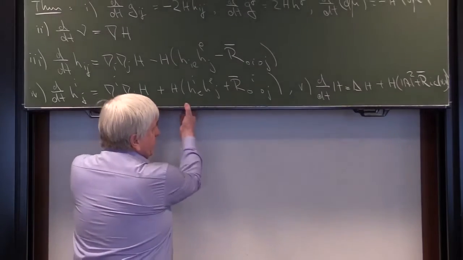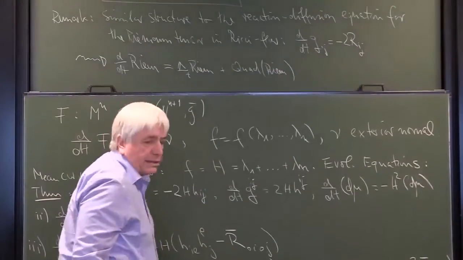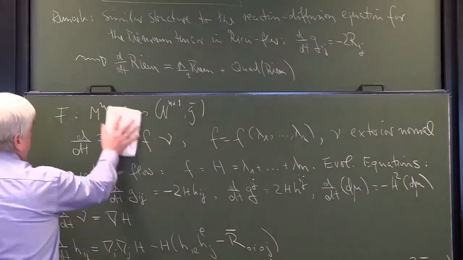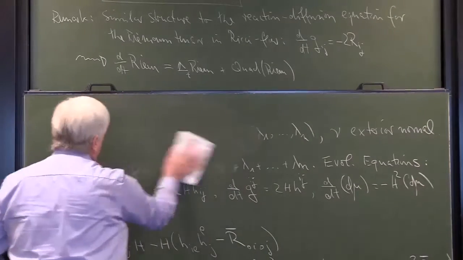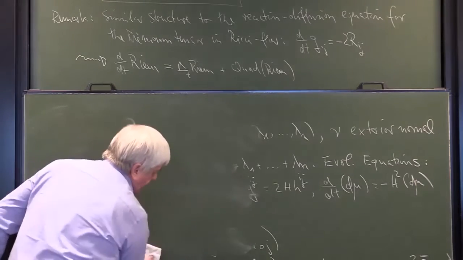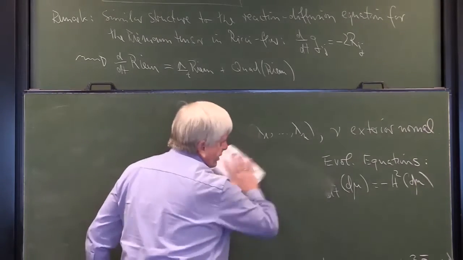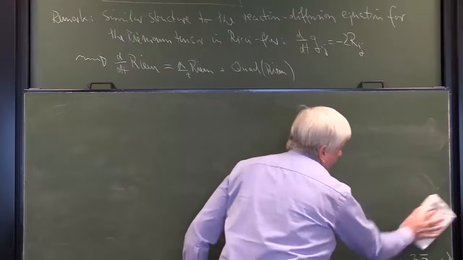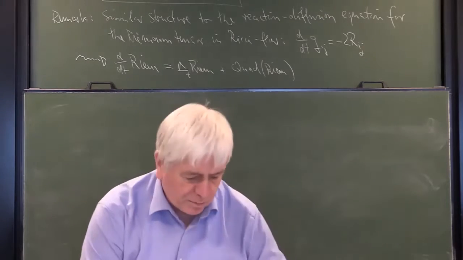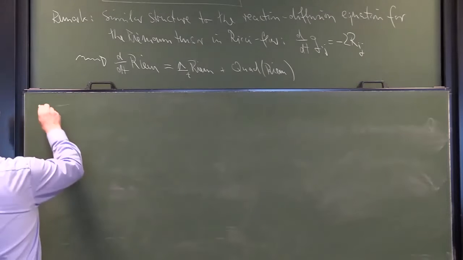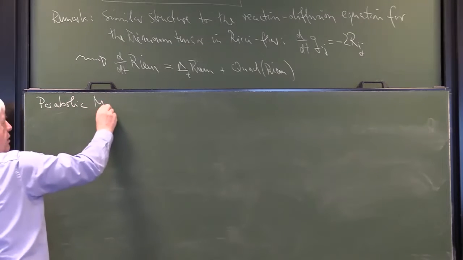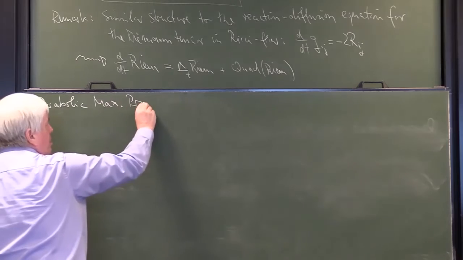Now, there are some easy consequences that one can get immediately from the reaction diffusion system for the second fundamental form, looking at mean curvature flow. And then you can get estimates from the maximum principle, the parabolic maximum principle.